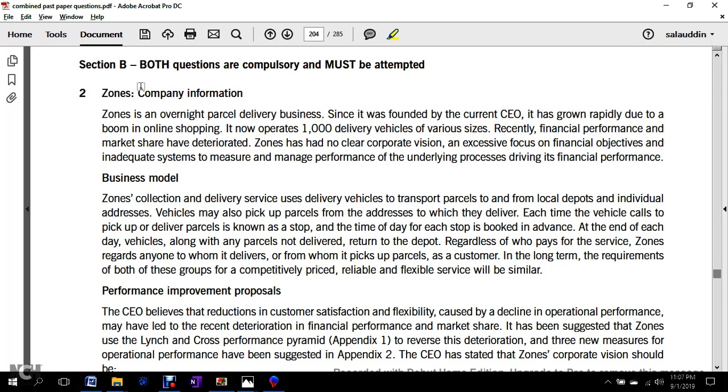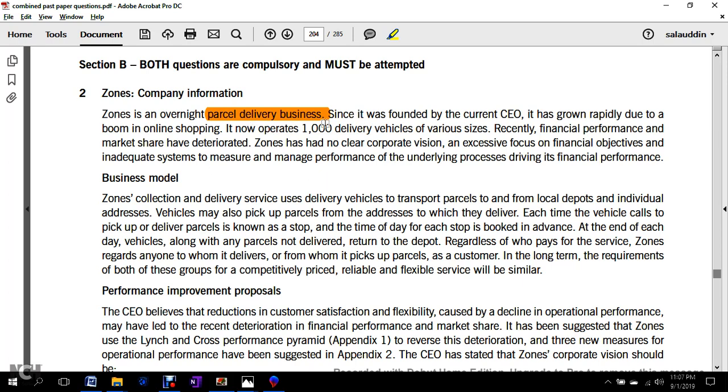Jones is an overnight parcel delivery business. It delivers parcels. Since it was founded by the current CEO, it has grown rapidly due to a boom in online shopping. We need to understand the industry, it's really important. Delivery business is a service business.